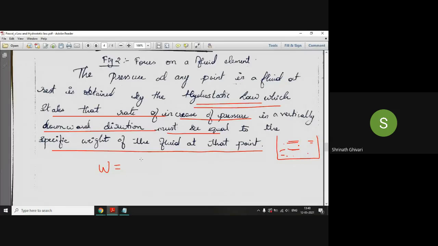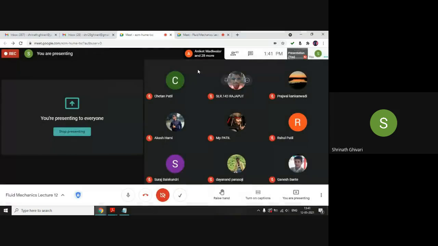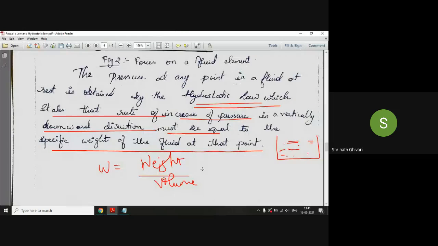Specific weight is nothing but weight by volume, right? Am I audible or no? Specific weight is nothing but weight by volume, or we also call it weight density.